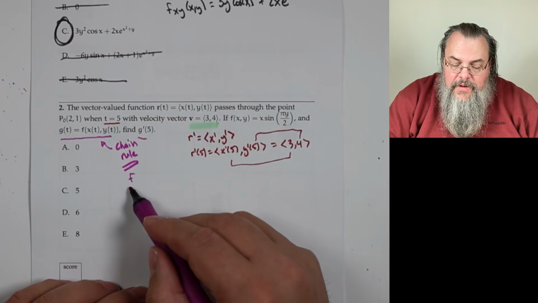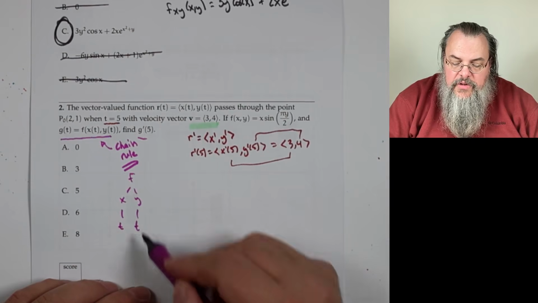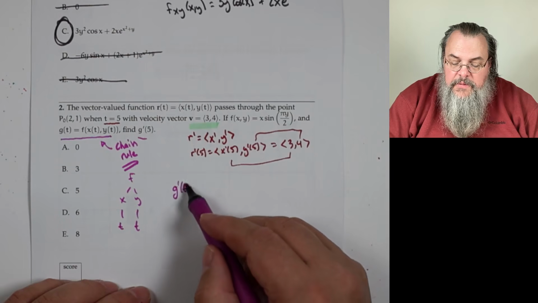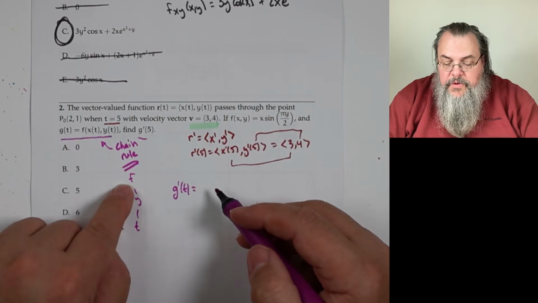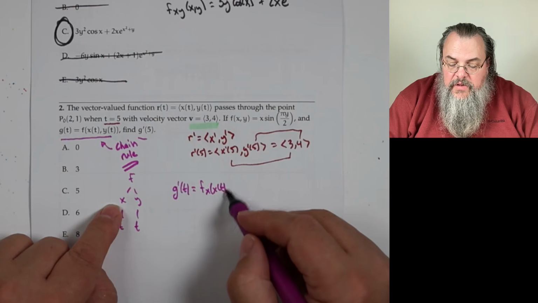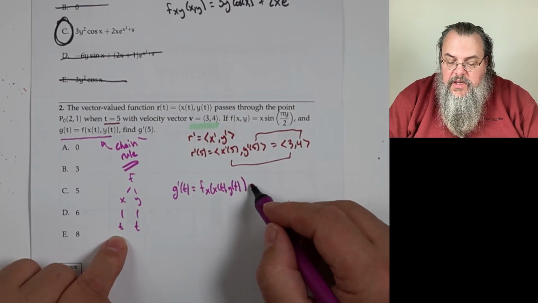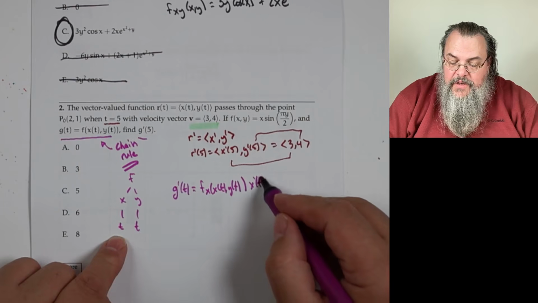It's f depends on x and y, which depends on t. I like to do this by drawing a chart. So this says g prime of t is, take the derivative of f with respect to x, so f_x, x of t, y of t, times the derivative of x with respect to t. Well, that's x prime of t.